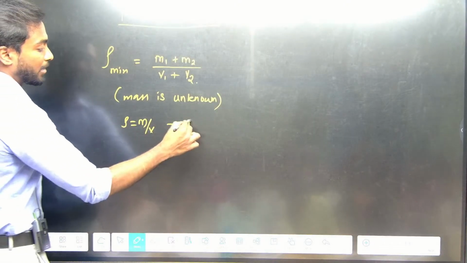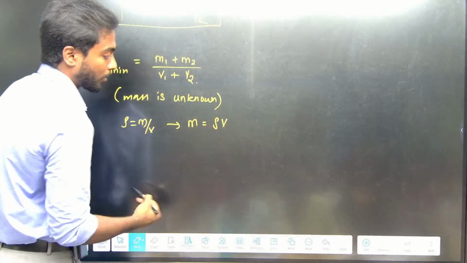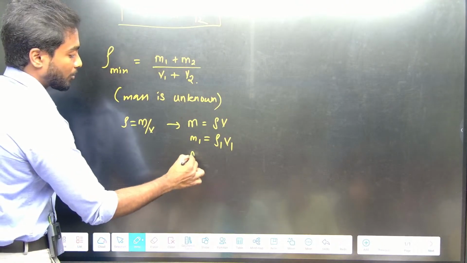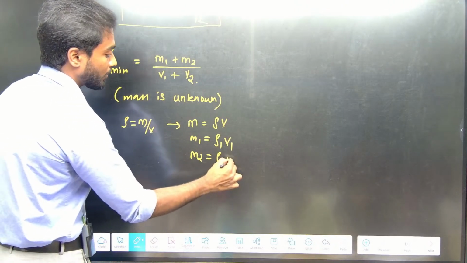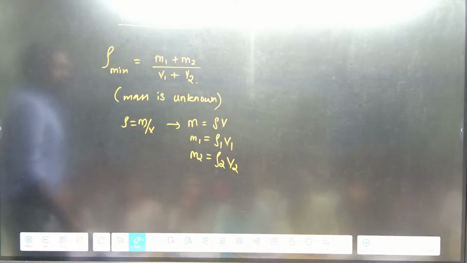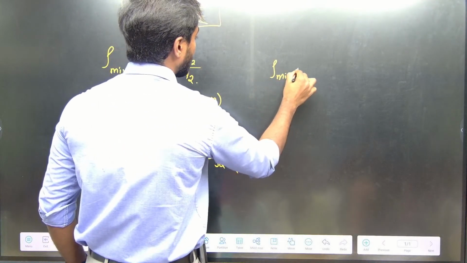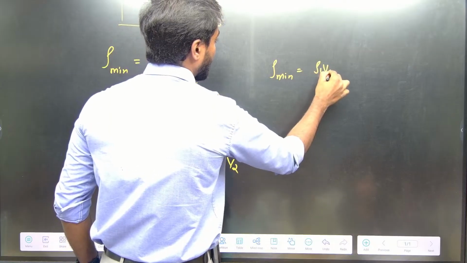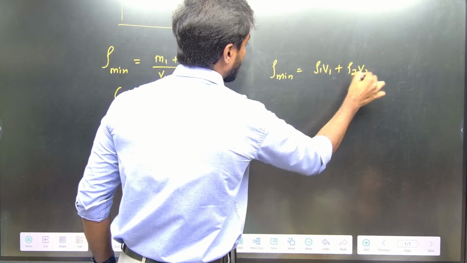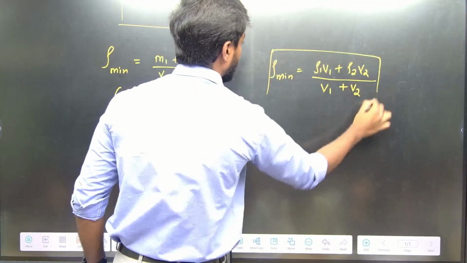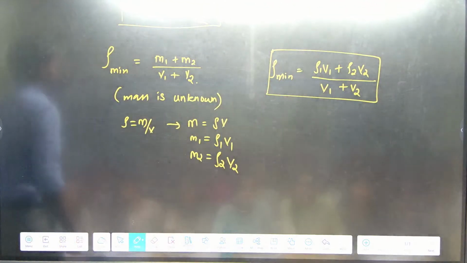So mass will be equal to density into volume. So m1 will be rho 1 v1, m2 will be rho 2 v2. Any doubts here? So can I substitute this? Rho mixture will be equal to rho 1 v1 plus rho 2 v2 by v1 plus v2. This is my density of the mixture when mass is unknown.